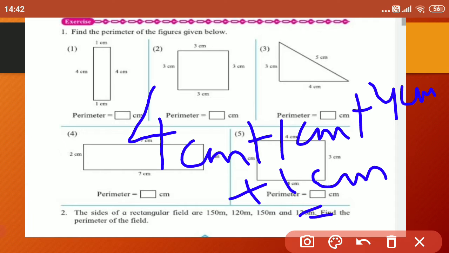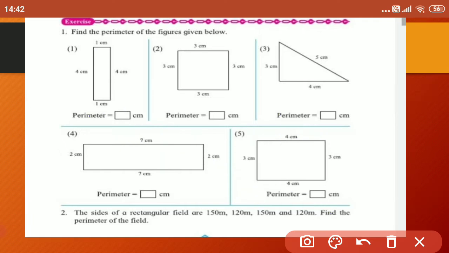Now how much is it all together? 4 plus 1 is 5, 5 and 4 is 9 and 1 is 10. So total perimeter will be 10 centimeter. So down you have to write in this box 10 centimeter by adding all the 4 sides. Got it? Very easy.